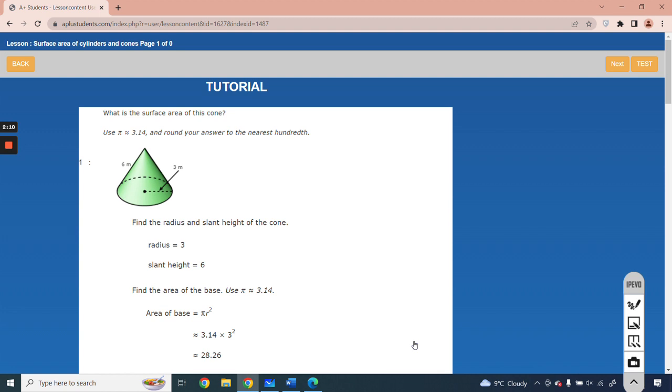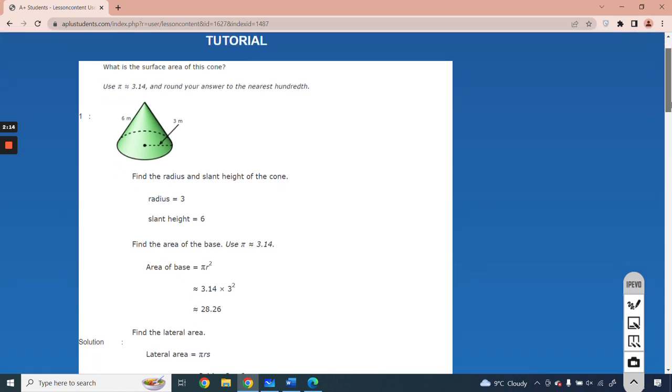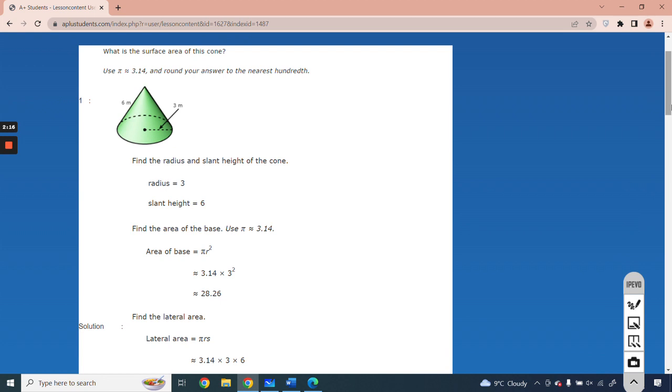Okay, let's start with the test examples. The first one is, what is the surface area of the cone? You are given the radius, that is 3, and the slant height of the cone, that is 6 meters. Got it?